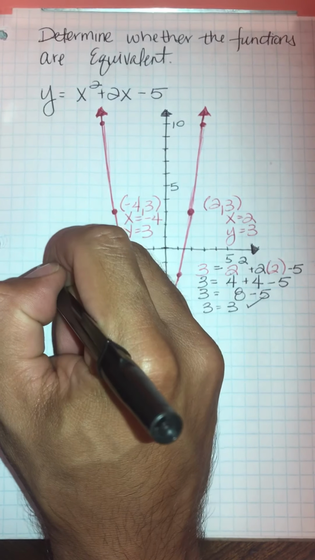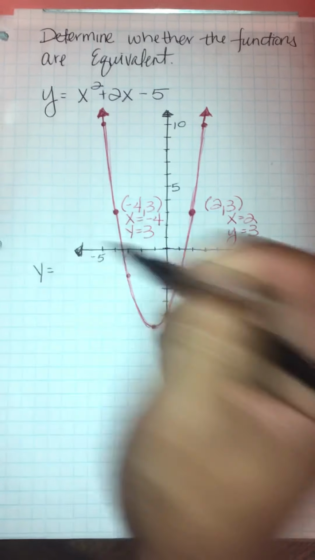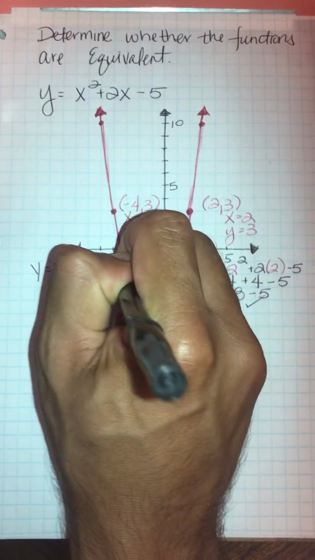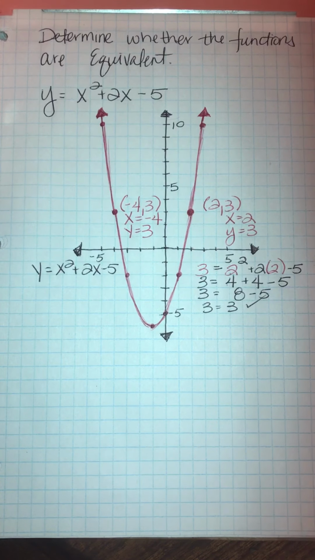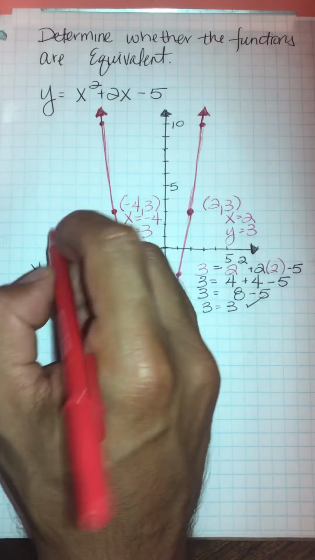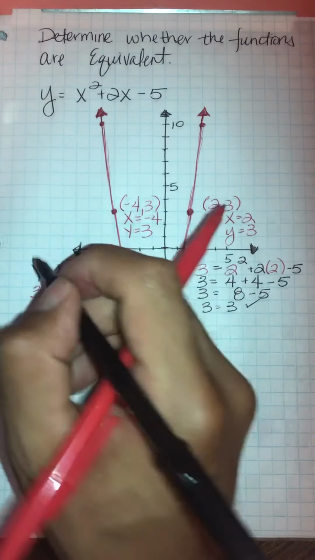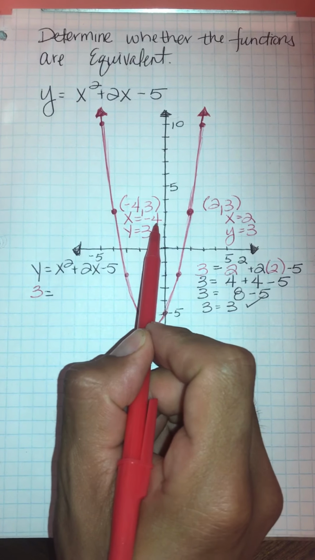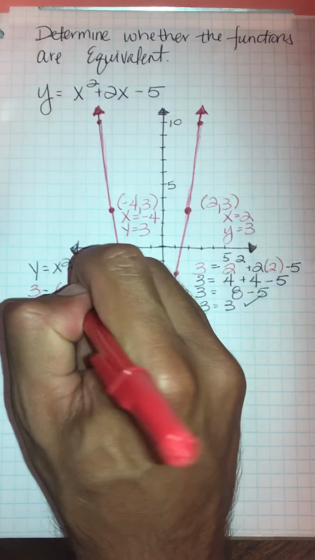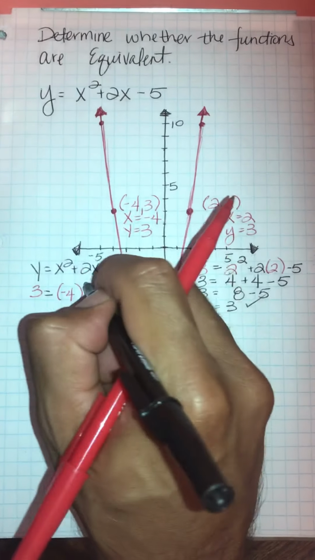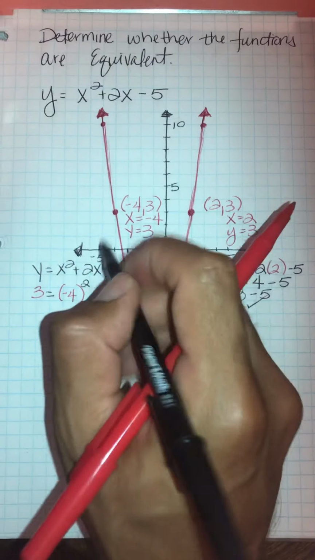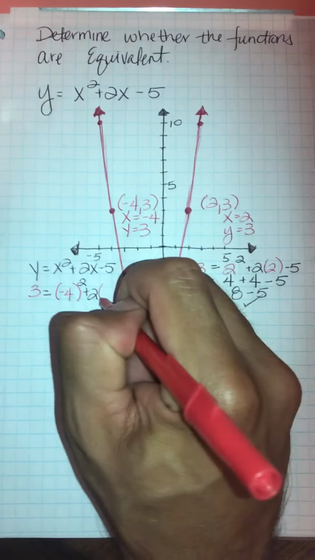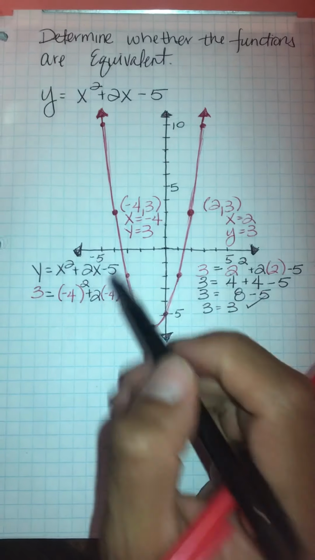Our function, once again, y equals x squared plus 2x minus 5. Instead of the y, I plug in 3, equals, instead of the x, I plug in negative 4, squared, plus 2. Again, instead of the x, I plug in negative 4, minus 5.